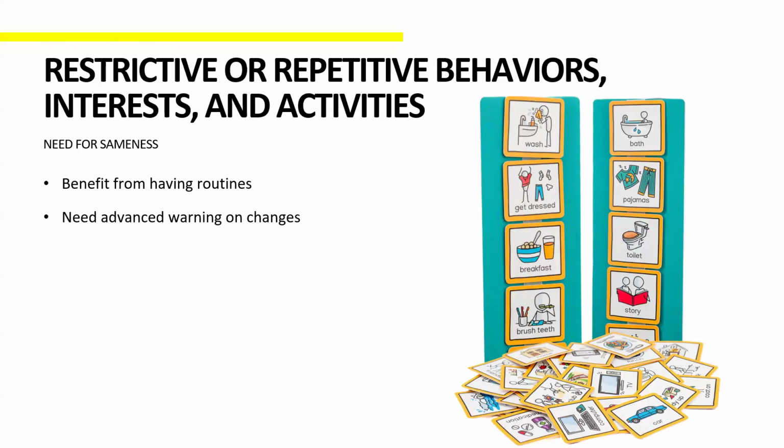Those on the autism spectrum also typically thrive in a stable and constant environment. What I mean by this is that having a daily routine, the individual with autism may be more successful because they know what to expect and what's coming next. Visual schedules like the one seen here can be a great resource to assist those with autism with knowing what to expect.